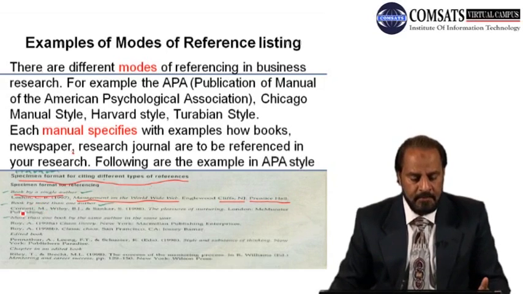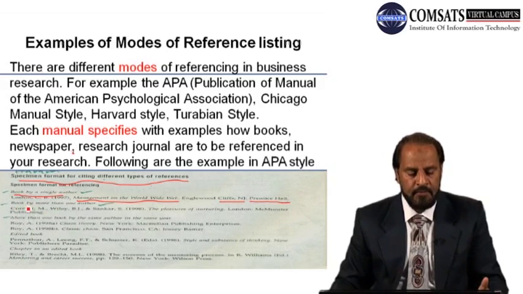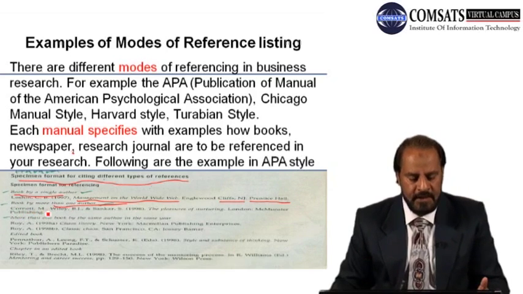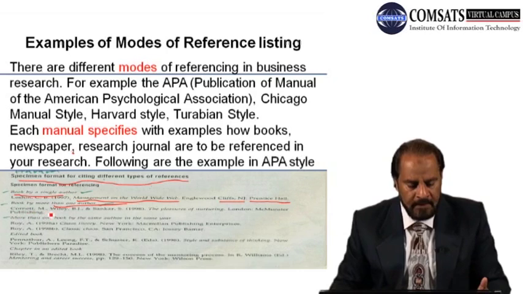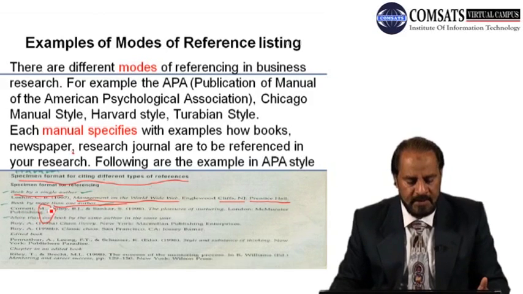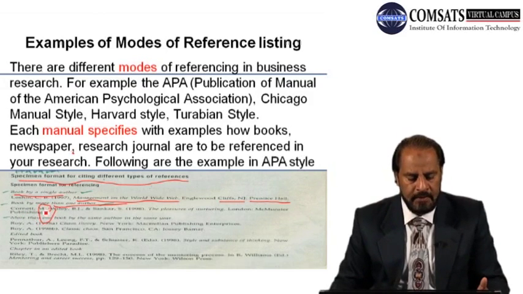Another example is if the book is by more than one author, you basically start by writing the first author's name, and then you place a dot and a semicolon, then separating the second author, and for the third author you use the word 'and', or the symbol, indicating the third author.